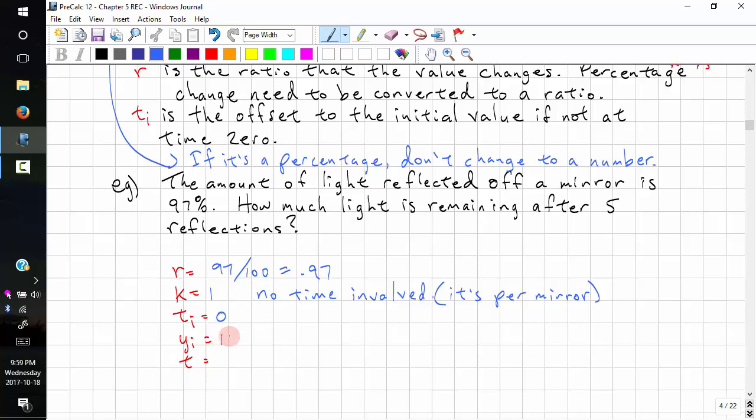At time 0, we have all the light, which means it's 100%. And don't convert to number. And t, this is the t that we want to evaluate it at. So it's just t equals 5 mirrors.